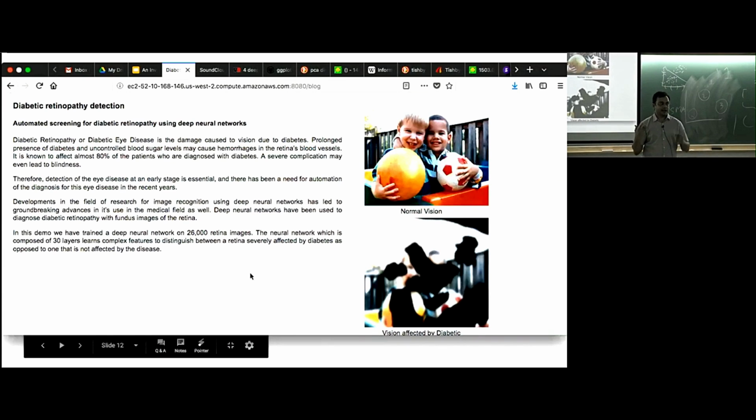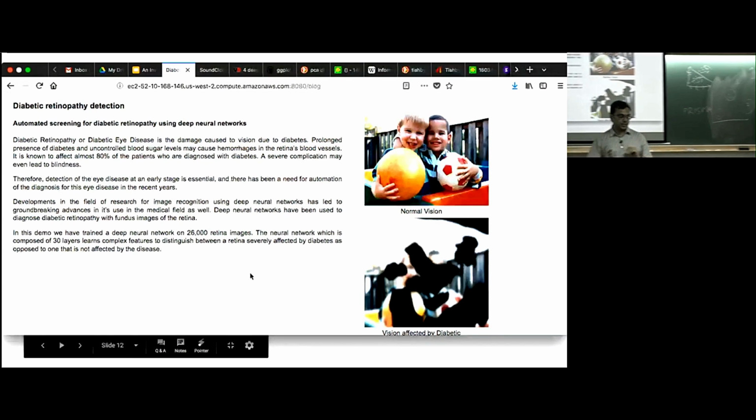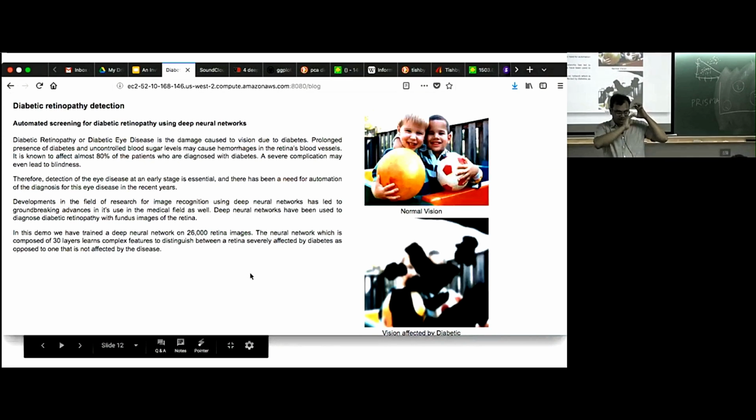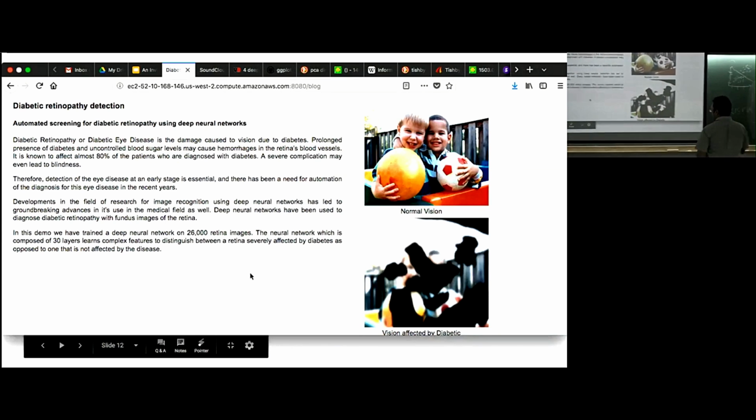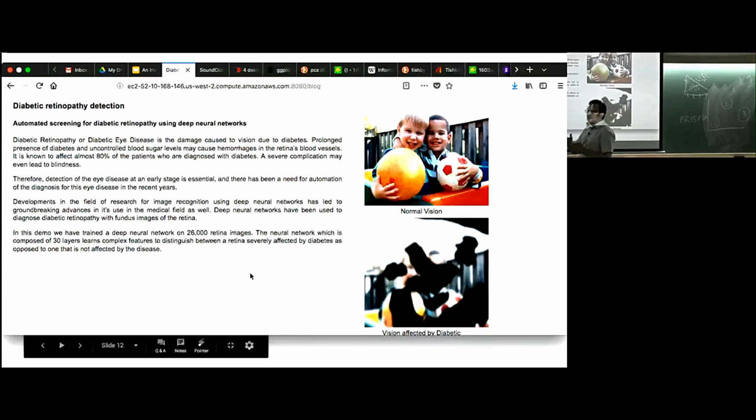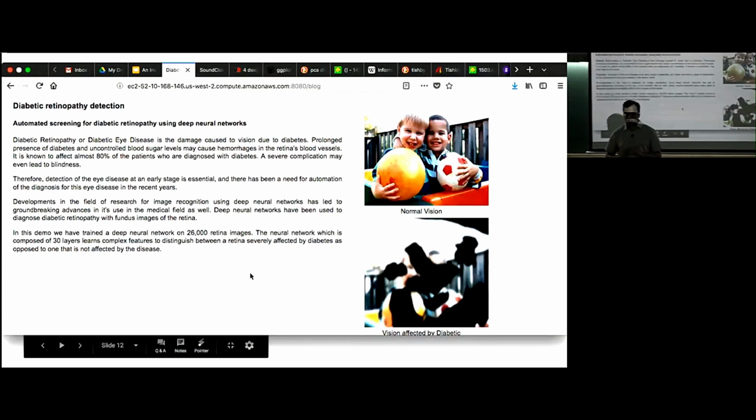The way it's typically identified is that there are special cameras called fundus cameras. You can use them to take an image of the retina. You keep your eye closed and it takes an image of the retina. Using that retinal image, doctors diagnose whether you have diabetic retinopathy or not.